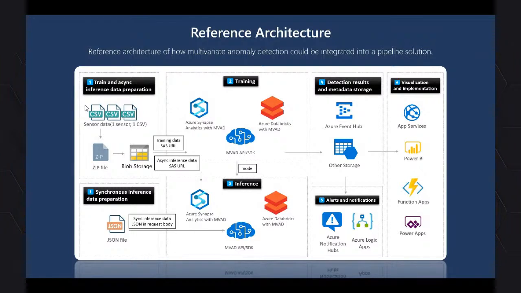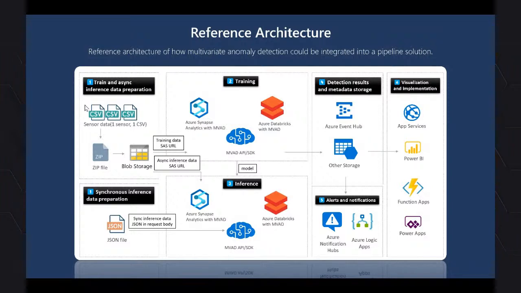Because sometimes the customer might have some problem aligning their different sensors. So they can just give us the separate sensors with the timestamp and the value, and we can combine them together and, based on some rules and settings, align them on the timestamps.